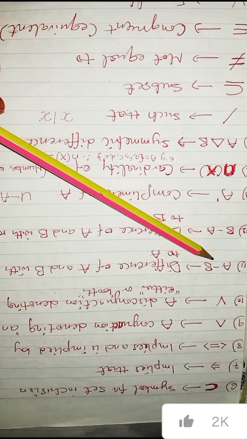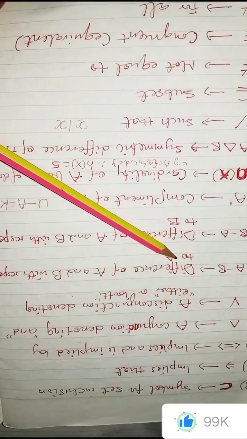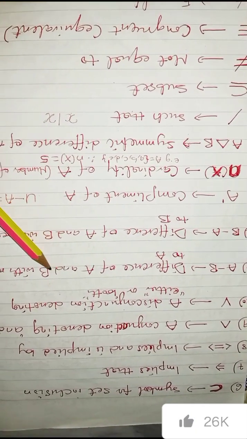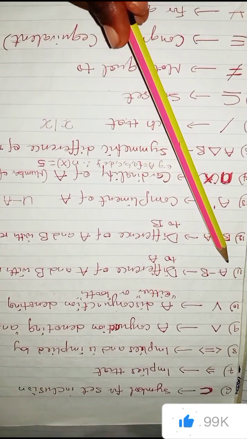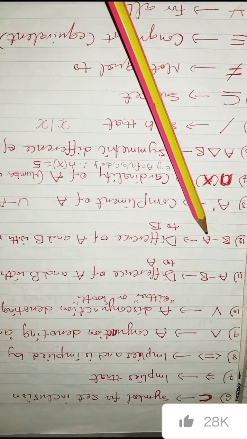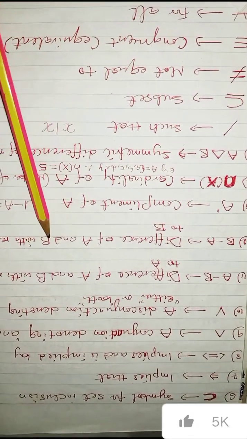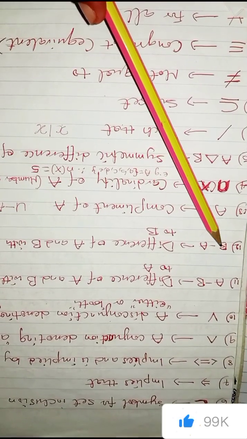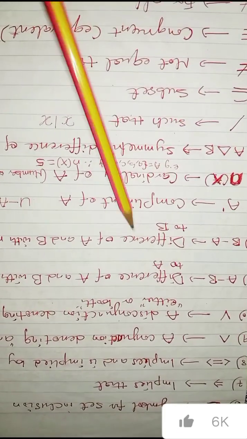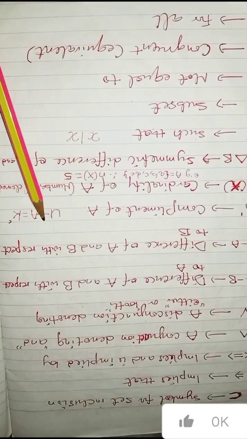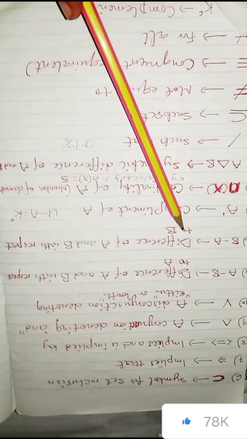Then we have another one, A minus B, which is the difference of A and B with respect to the first alphabet, which is A. Then B minus A is the difference between A and B with respect to B, the first alphabet there.